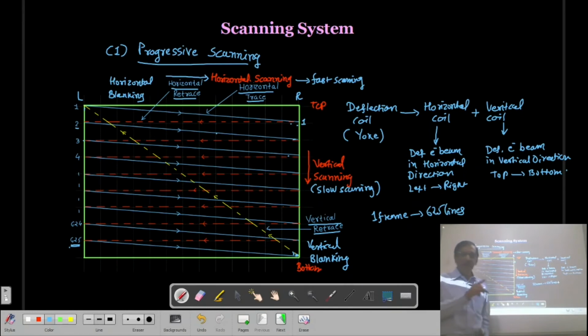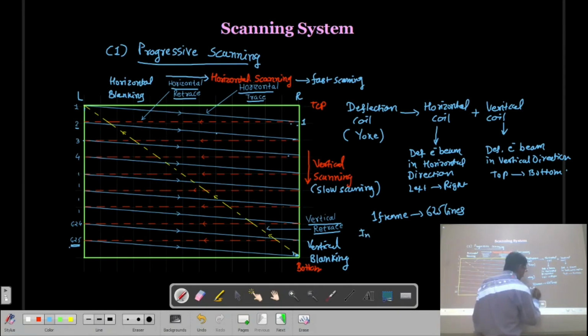And in 1 second, 25 lines are going to be scanned. Sorry, 25 frames are going to be scanned. So here in 1 second, 25 frames are scanned.